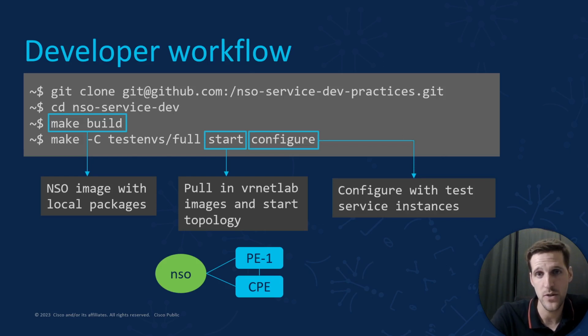And with the configure target, we then test this environment, we configure them with the test service instances. After a couple of minutes, depending on how fast the virtual routers are, you end up with a configured environment and you can start hacking on it.